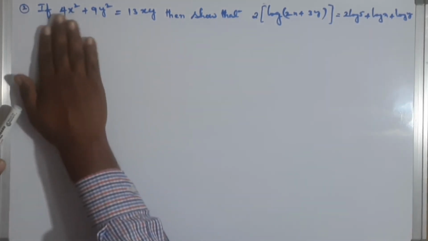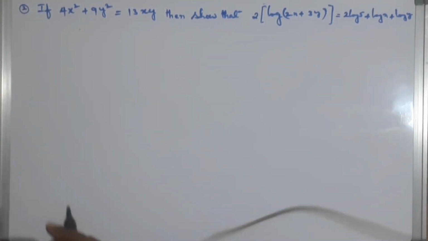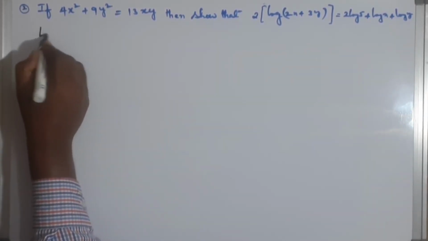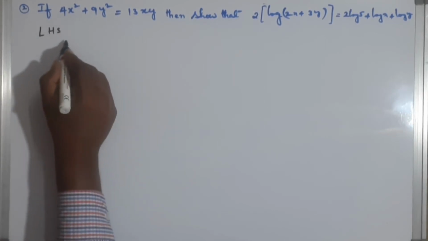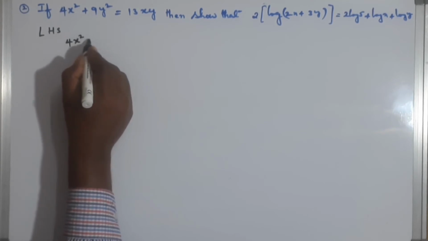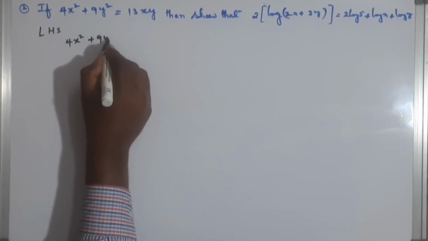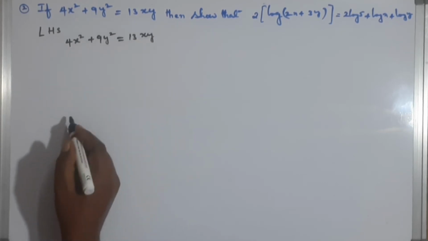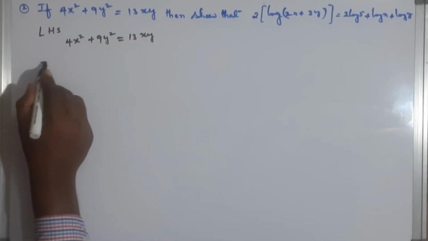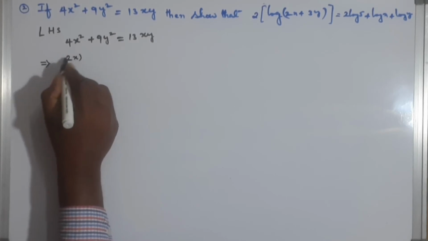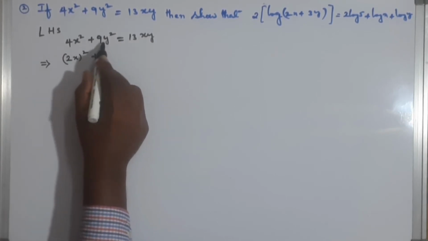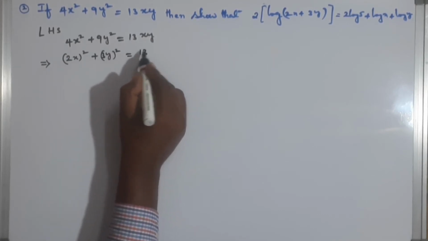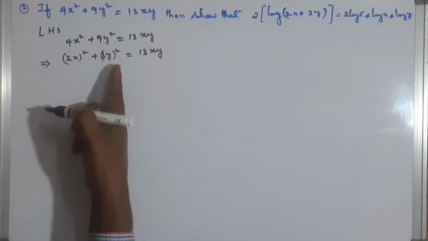Let us solve the question now. Taking LHS, 4x square plus 9y square equals 13xy. 4x square I will write (2x) whole square, 9y square I will write (3y) whole square, which equals 13xy, a square plus b square.